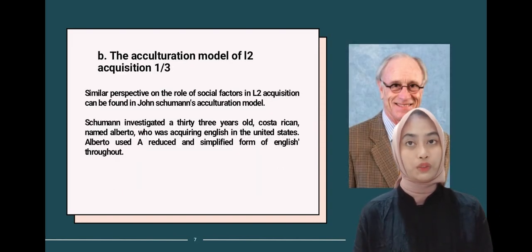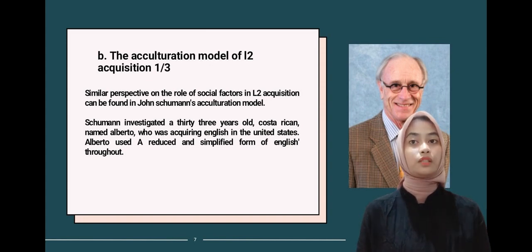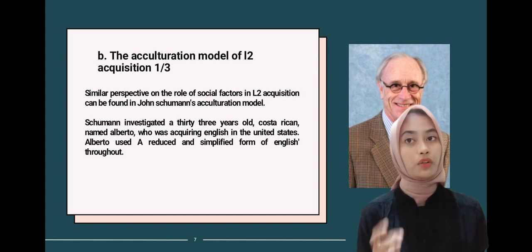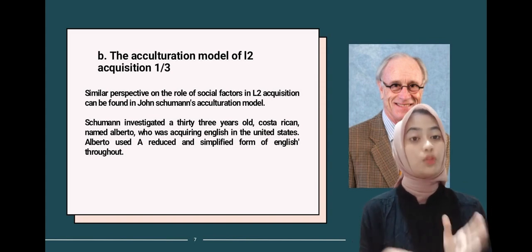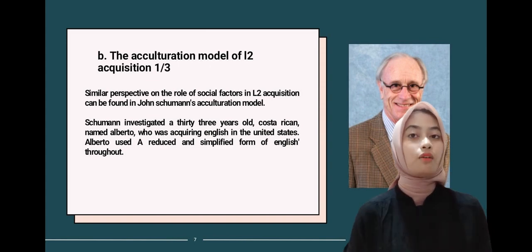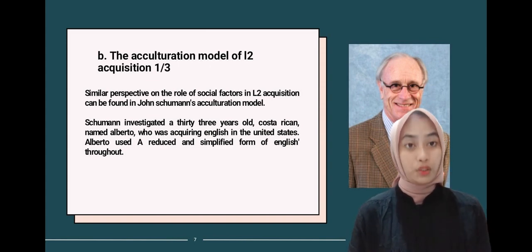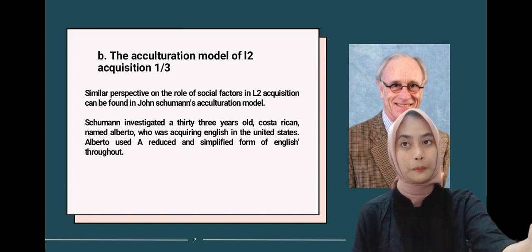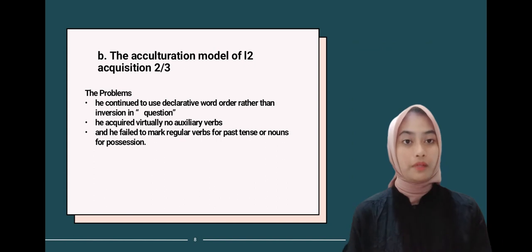From B, the acculturation model of second language acquisition, a similar perspective on the role of social factors in second language acquisition can be found in John Schumann's acculturation model. Schumann investigated a 33-year-old Costa Rican named Alberto who was acquiring English in the United States. Alberto used a reduced and simplified form of English throughout. The problem: he continued to use declarative word order rather than inversion in questions.